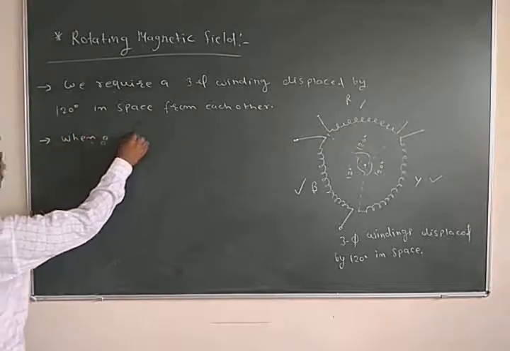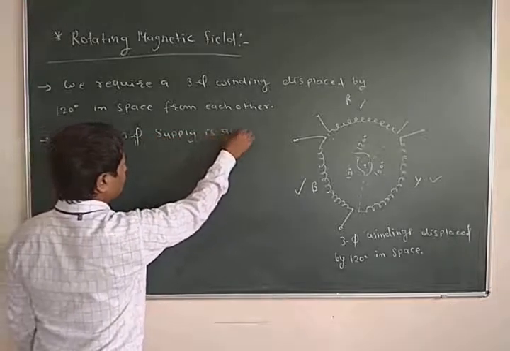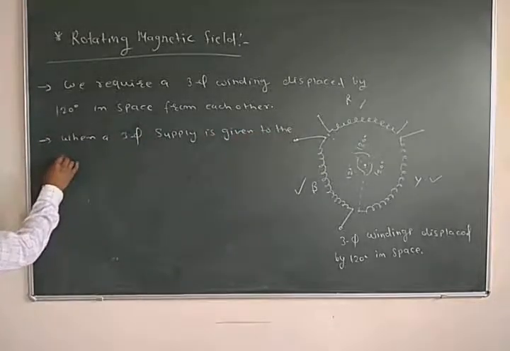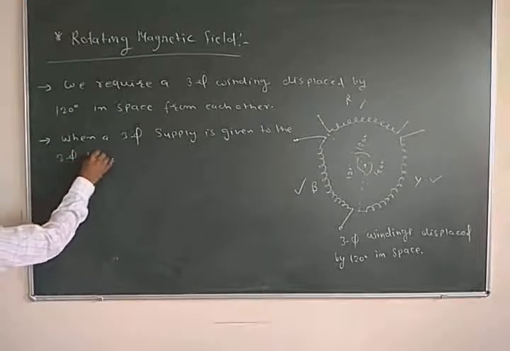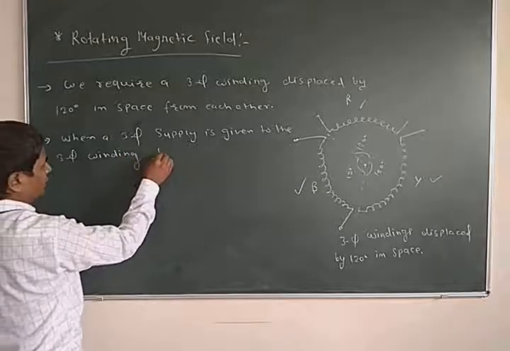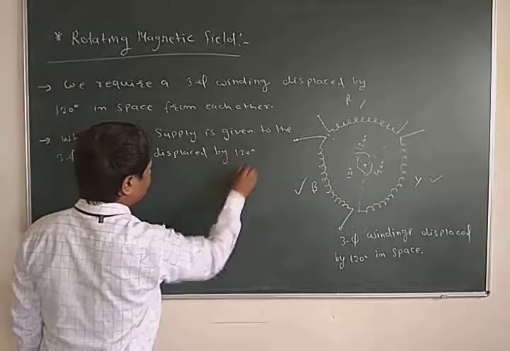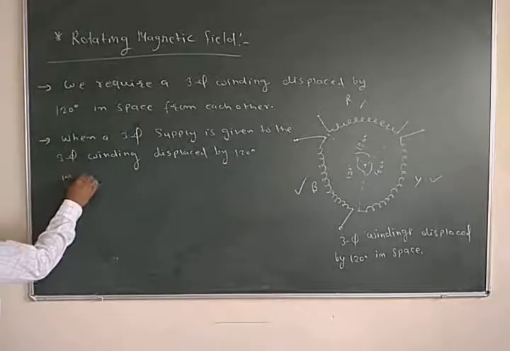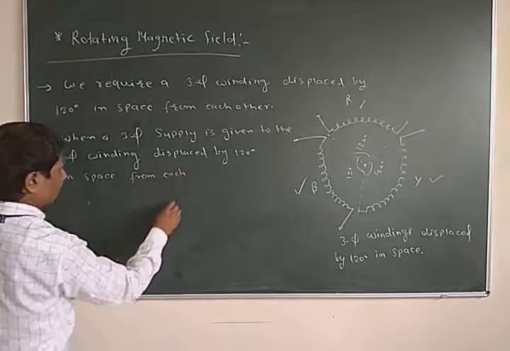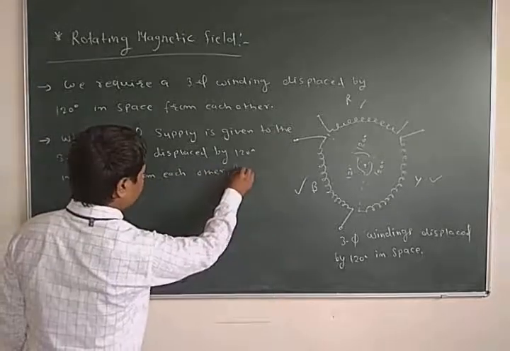When a three-phase supply is given to the three-phase winding displaced by 120 degree in space from each other, a rotating magnetic field is developed.